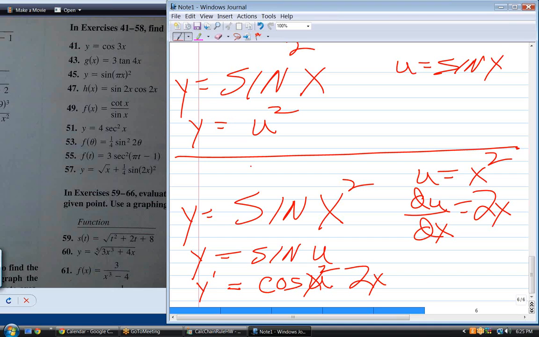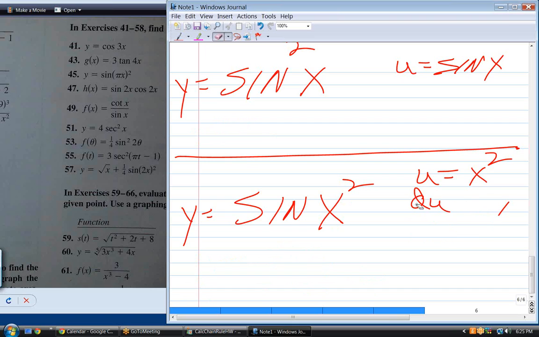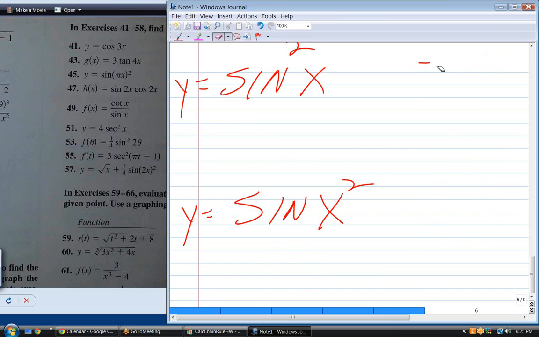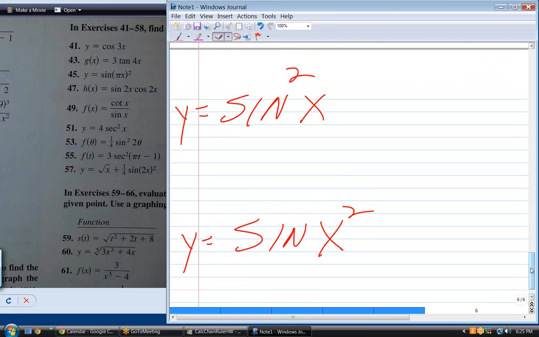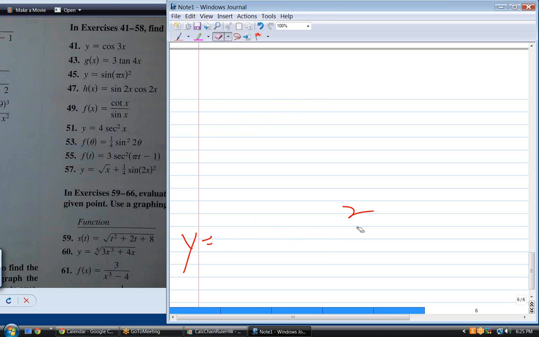This might be the most difficult one to figure out how to handle. This situation right here. There's going to be ones that are tough, but this gives everybody trouble, figuring out what the outside is and what the inside is. Okay? So, in this problem that we're doing, number 45, the inside is that.